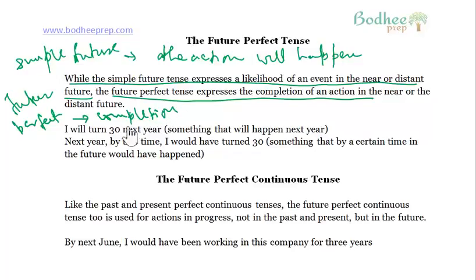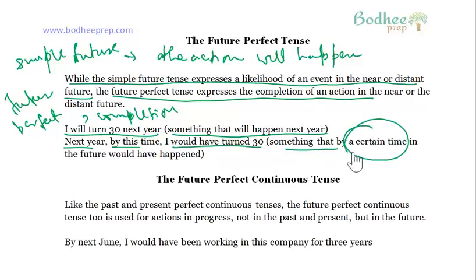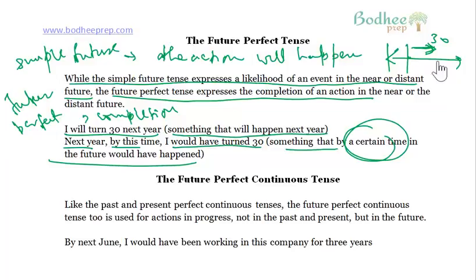So when you say that I will turn 30 next year, it is just something that will happen next year. But when you say next year, by this time I would have turned 30, something that by a certain time in the future would happen, right? For example, now this is the time frame, and you would say next year I will turn 30. So next year it's open and you will turn 30 at some point, we don't know when, but you would say next year at this particular moment, that is on 31st of, let's say, March, I would have turned 30.